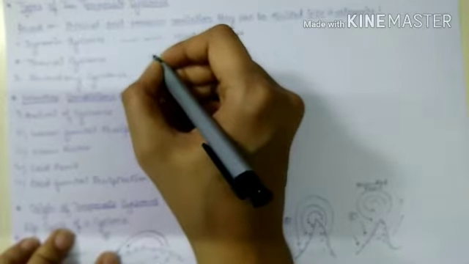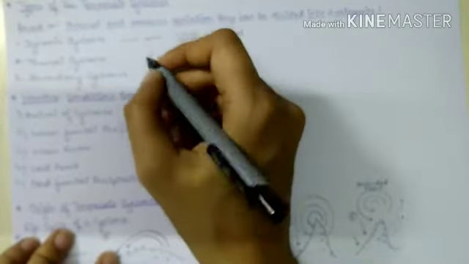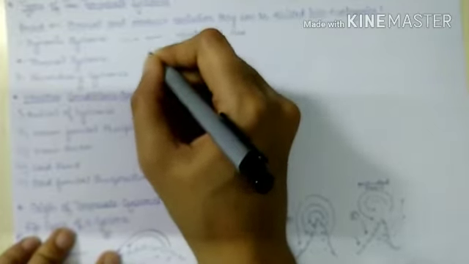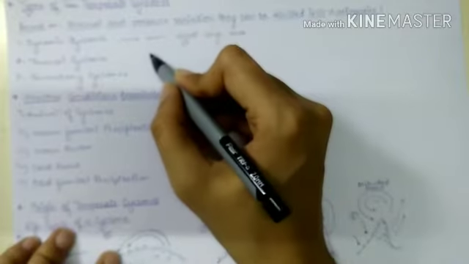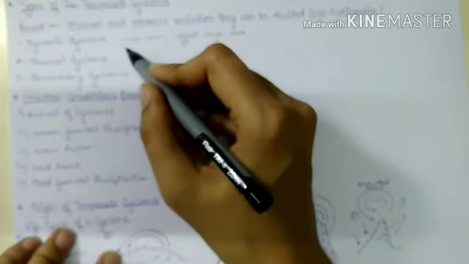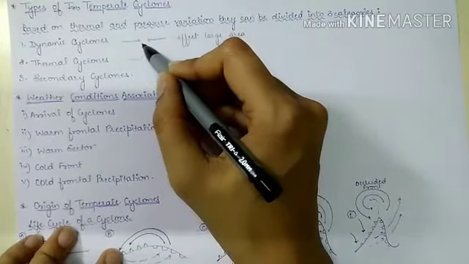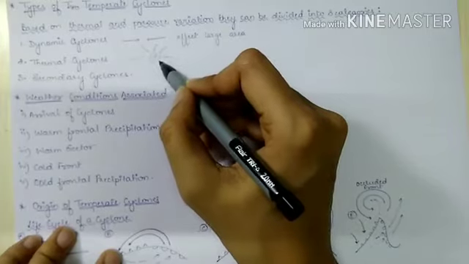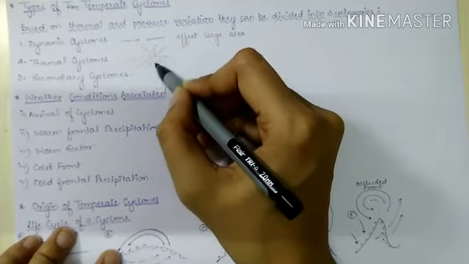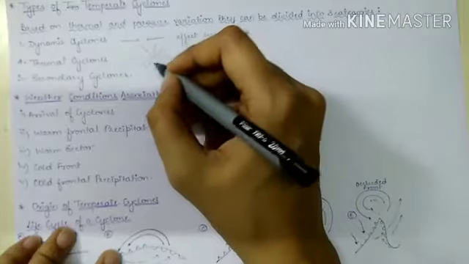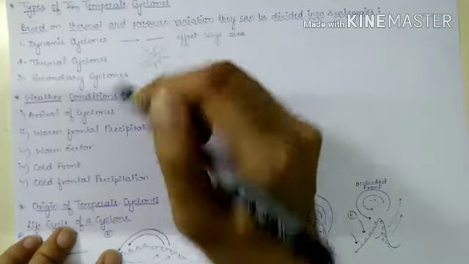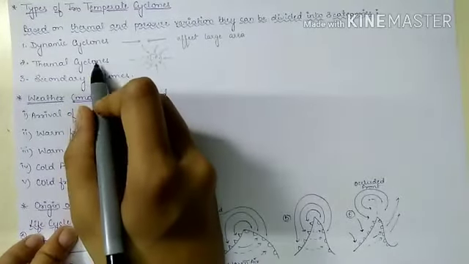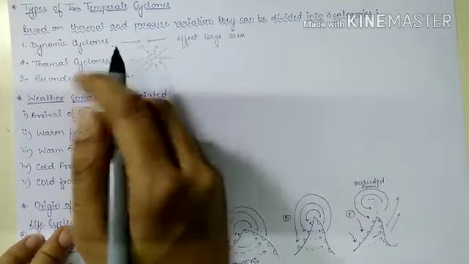The low pressure center is formed on the continent in summer in the temperate region, and as the low pressure is formed, the winds from all directions converge in this low pressure area. This is how thermal cyclones are formed, and these thermal cyclones are stationary at their place.